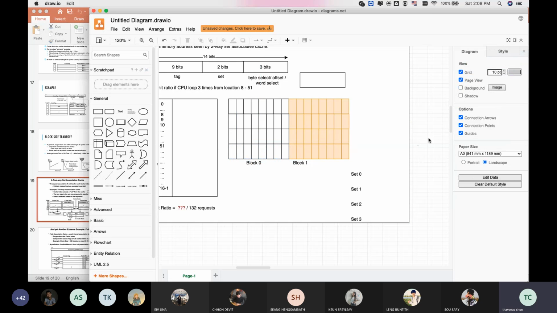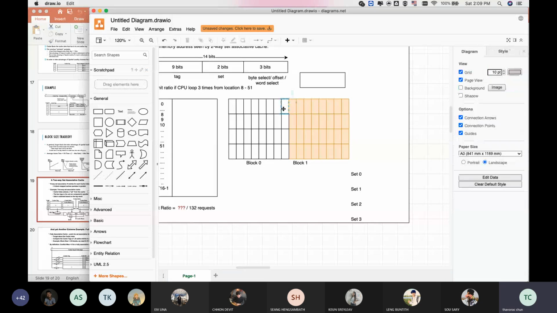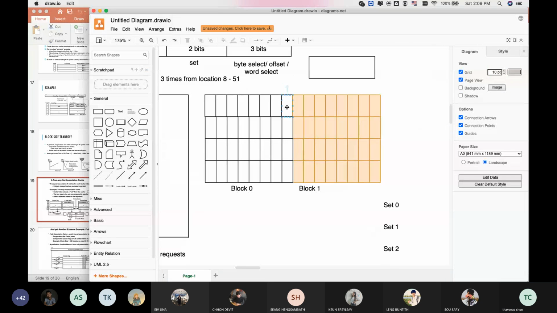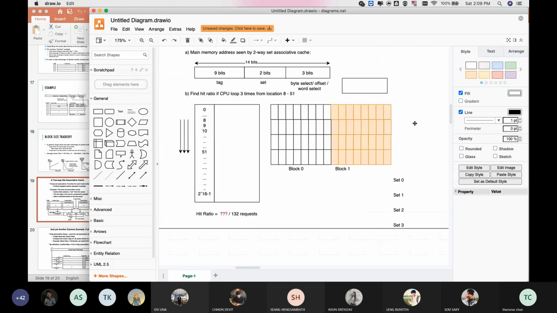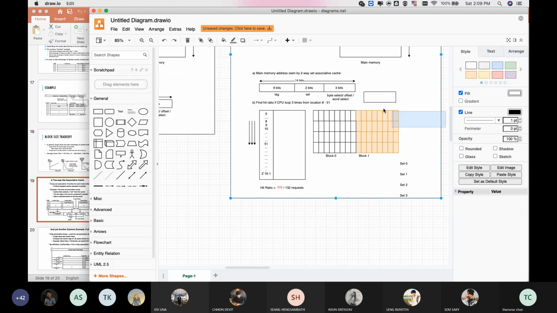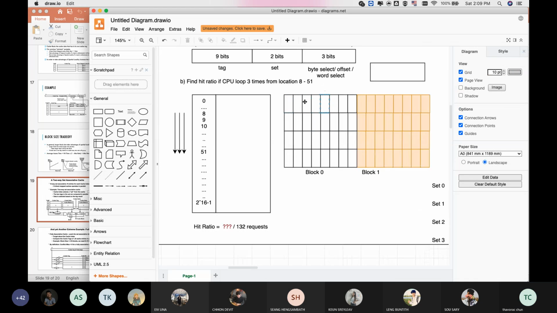Yes, it's a bit complicated, but to make sure you understand the exercise, spend some time on this. Okay, so this is for block 0.